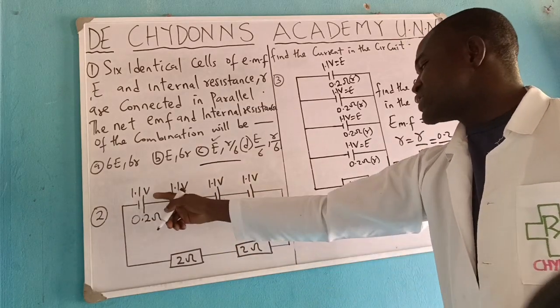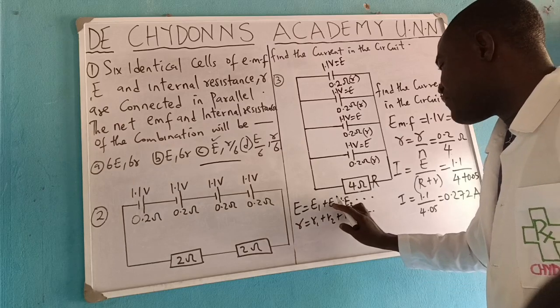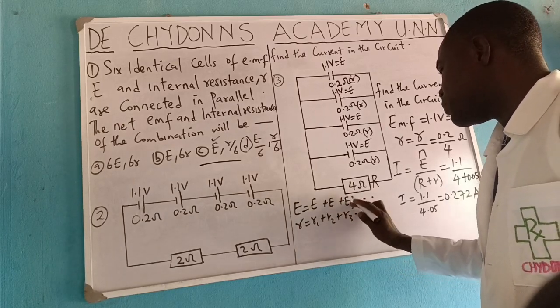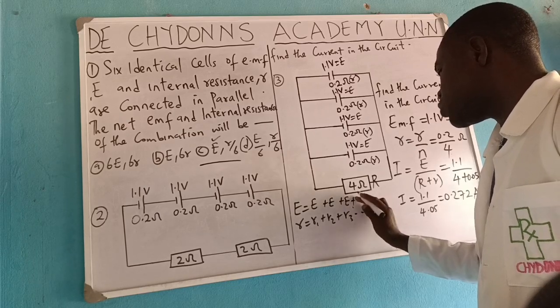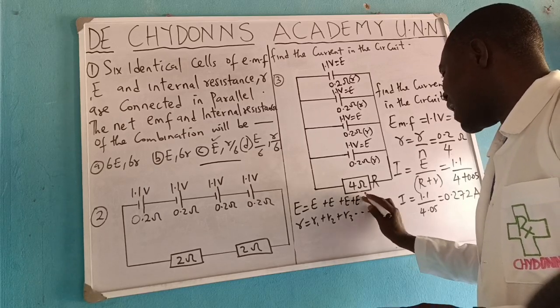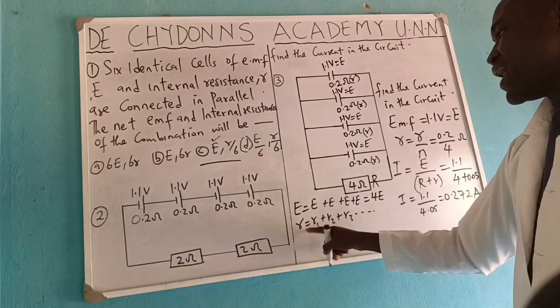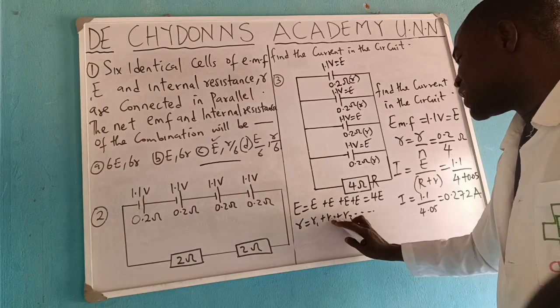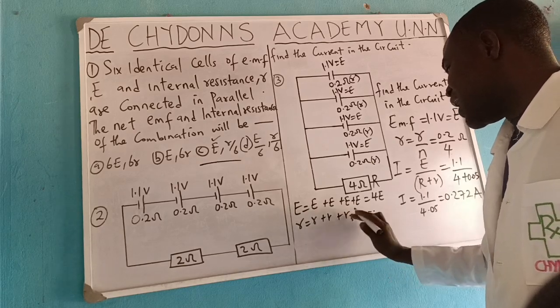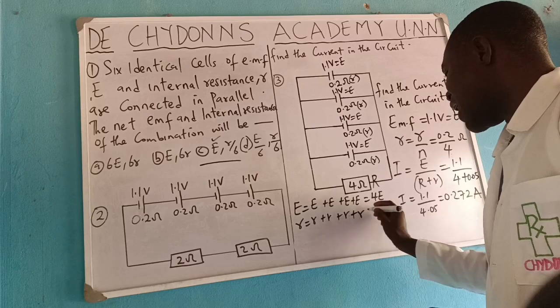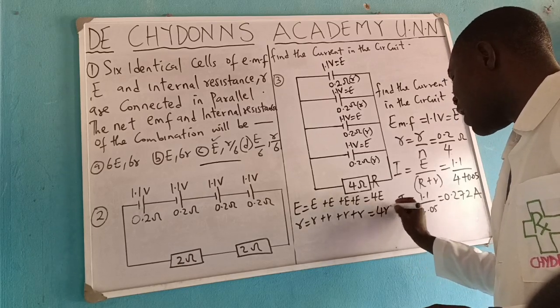Since they are identical, they will be having one value. E plus E plus E plus the next E. That means we'll be having 4E. Whereas this one will be having what? They are identical. R plus R plus R plus R equals 4R.